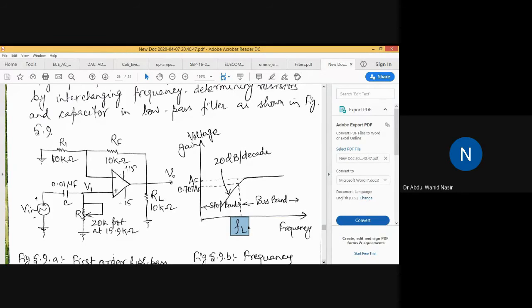So this filter will allow the signal to pass which has a frequency greater than FL. The gain of the signal is almost constant, that is AF, for frequencies greater than FL.